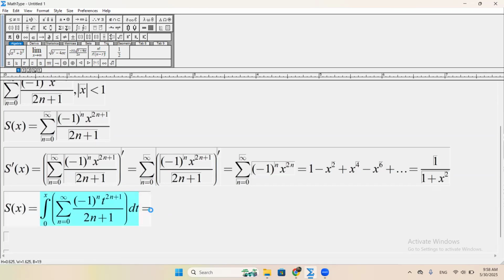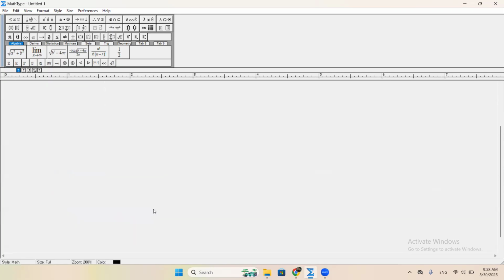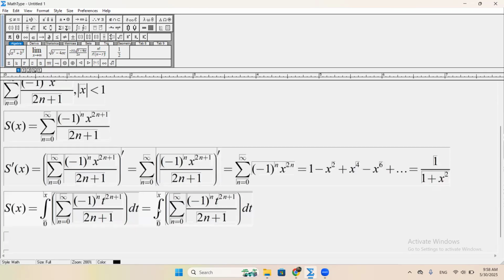And now let's integrate under the sum sign. So we will receive the following.